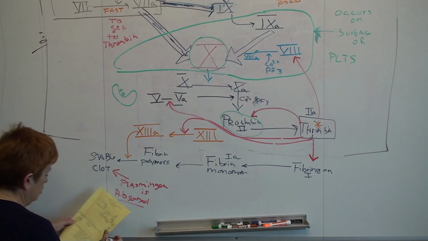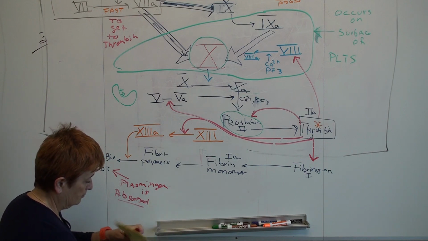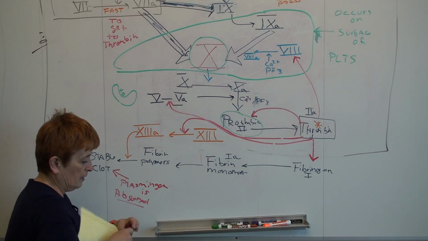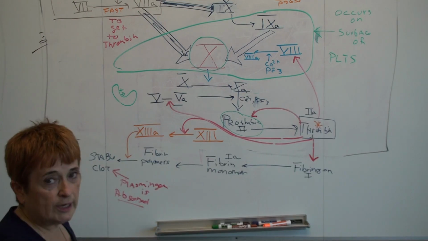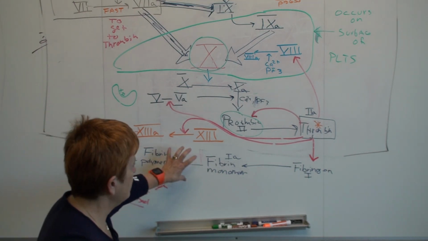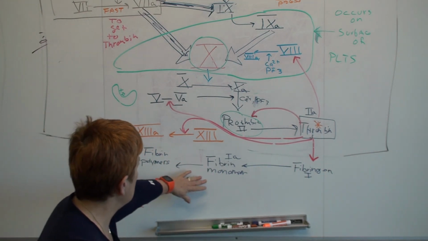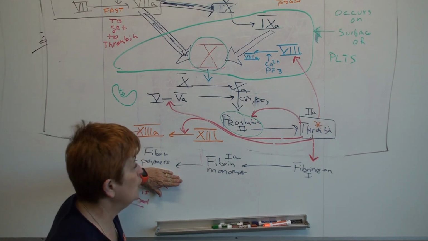Okay, so plasminogen is absorbed into that. All right, now, I'm not going to do it now, but we need to talk about fibrinolysis. There's actually another pathway here called fibrinolysis.